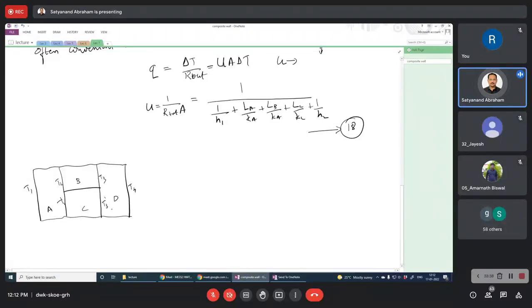Don't write this down now, I'm just giving something. This distance is LA, this distance is LB equal to LC, and this distance is LD. Is whatever I wrote true, or are there any corrections we need to make?